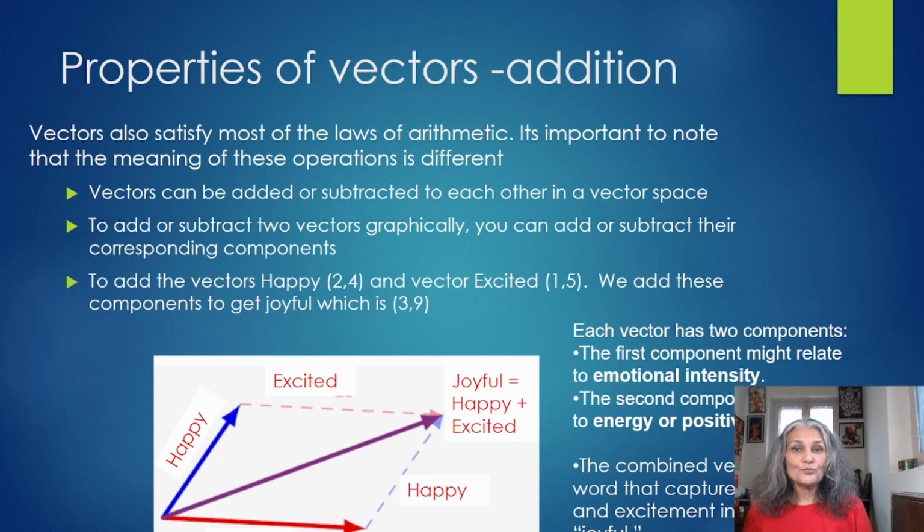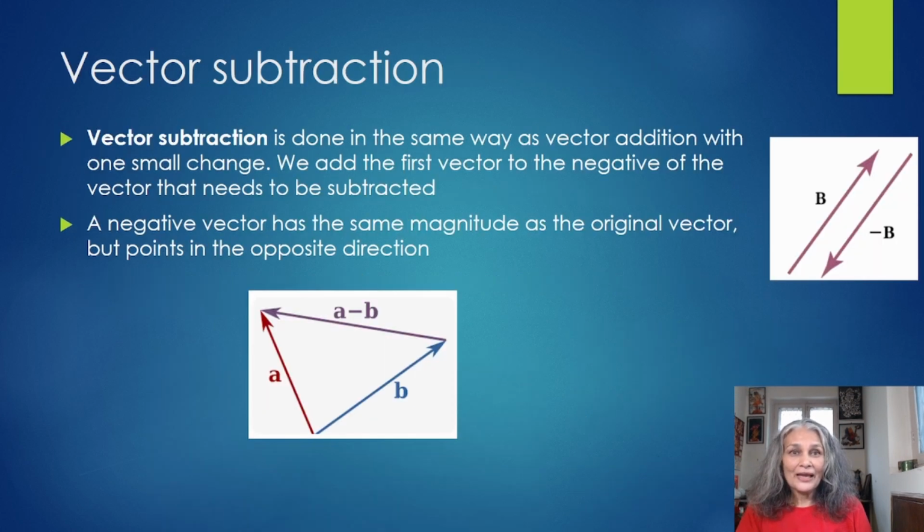And this captures elements from both happiness and excitement. So I think that gives you an idea of why vector addition is important as a concept when we're talking about natural language processing. Another related concept is vector subtraction.